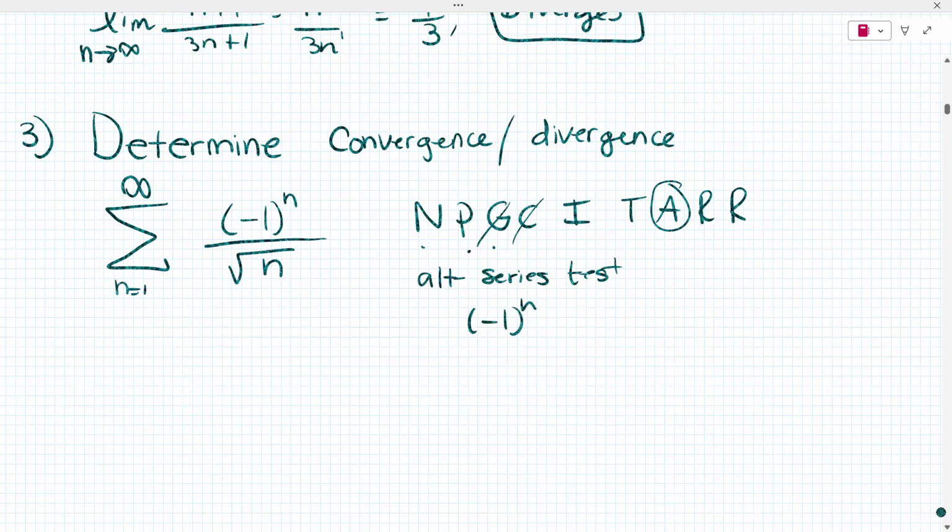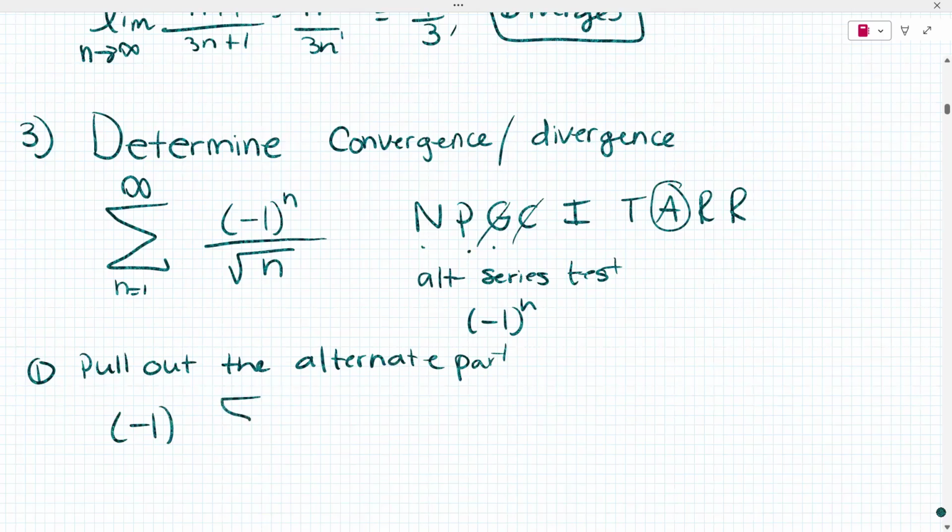So what I would do, if we're going to do the alternating series test, is pull out the alternating part. So pull out the negative 1, and now we're left with the summation of n equals 1 to infinity of 1 over square root of n, right?